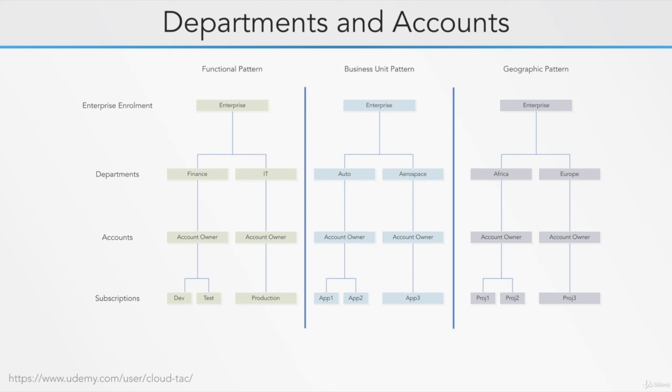Therefore, the three common patterns for Azure enrollments are the functional pattern, business unit pattern, and geographic pattern. Though each of these patterns has its place, the business unit pattern is increasingly being adopted for its flexibility in modeling an organization's cost model, as well as reflecting the span of control.